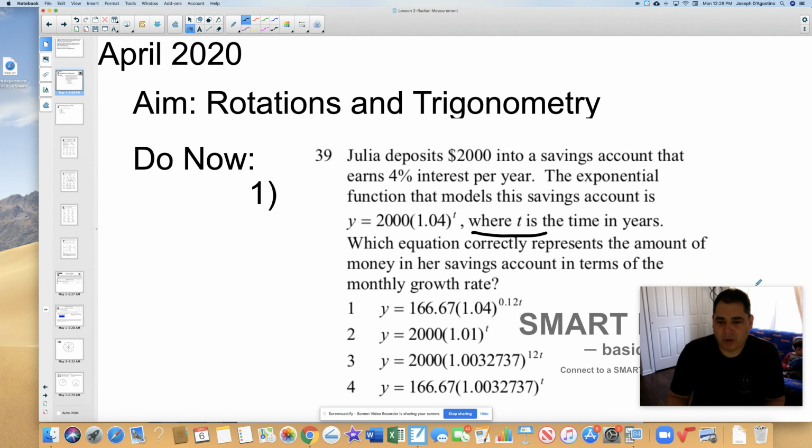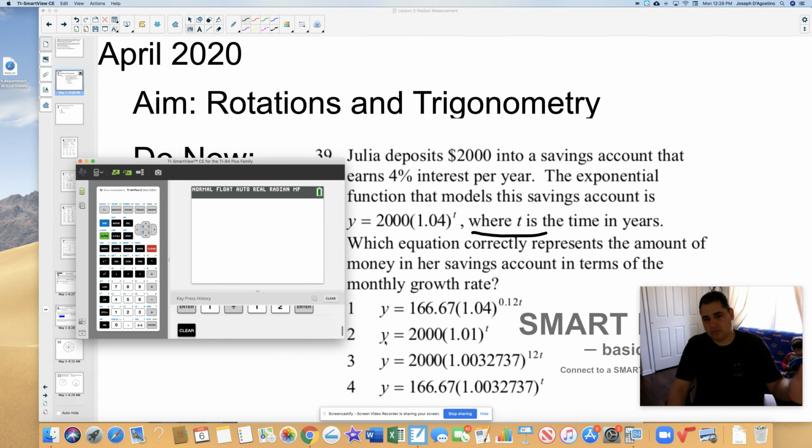Which equation correctly represents the amount of money in her savings account in terms of monthly growth rate? Now, this 1.04, that's your 1 plus r. That's in terms of a year, every year. So we have to work backwards to get it to monthly growth rate.